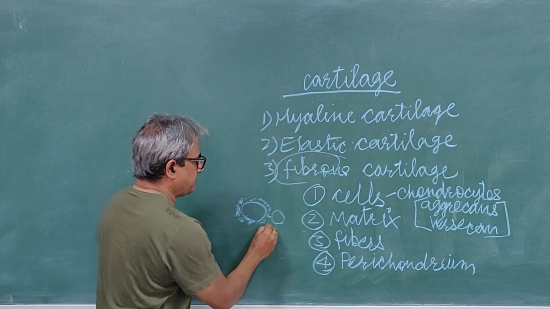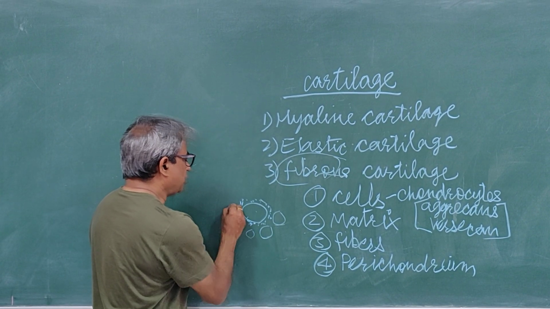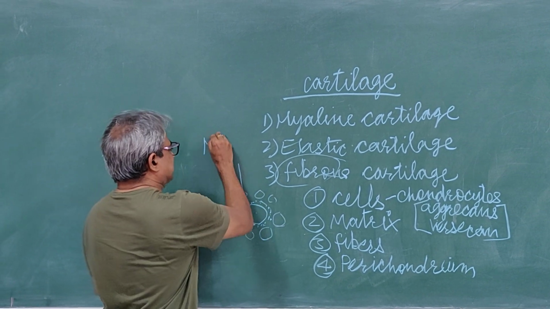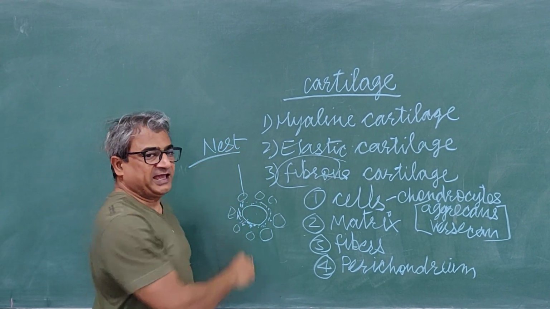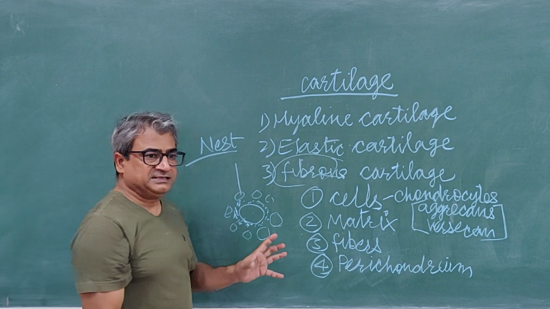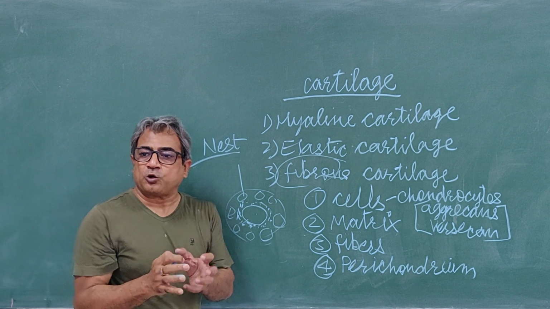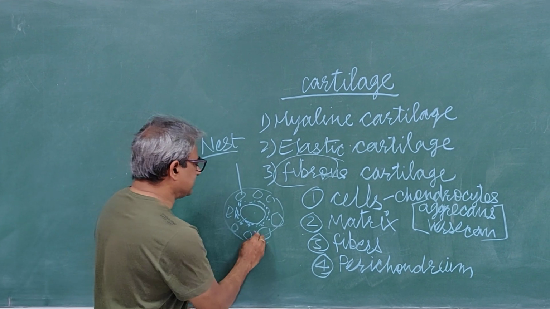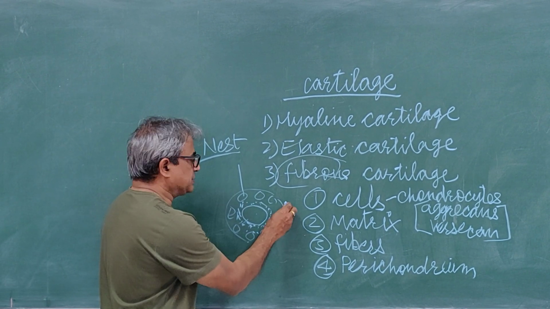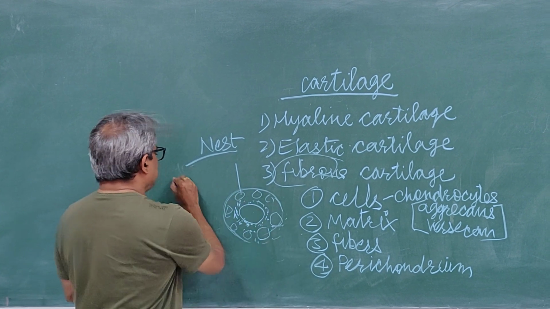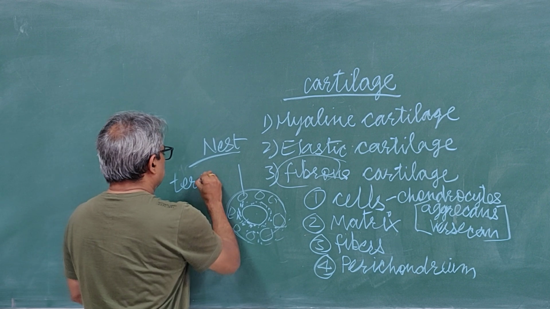Particularly in the hyaline cartilage, these cells are present in short groups, which we term as the nest, like a nest has so many eggs. So generally inside a hyaline cartilage, these chondrocytes are present in a group forming a nest, and they are secreting aggregans. So this zone where the nest is present, we usually call the territorial zone.